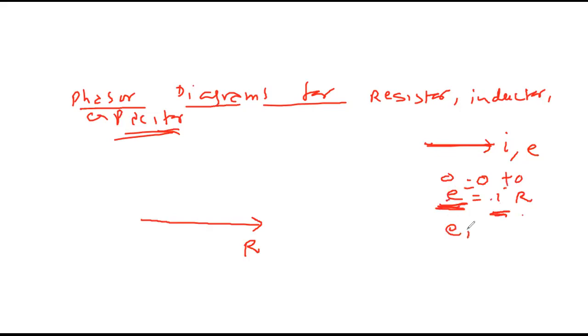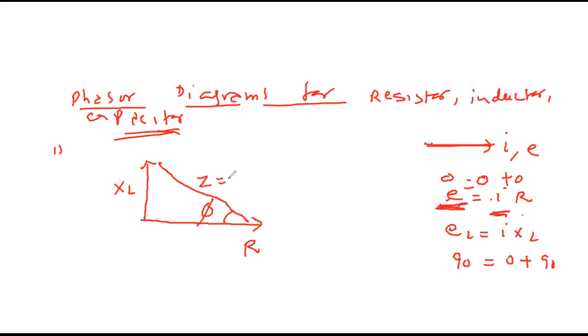Now E across inductor is I into XL. Now if I is reference, this is leading by 90. So this must be 90, then the left hand side will match with the right hand side. So this is taken as XL. If it is only XL and R, this is called phase angle.